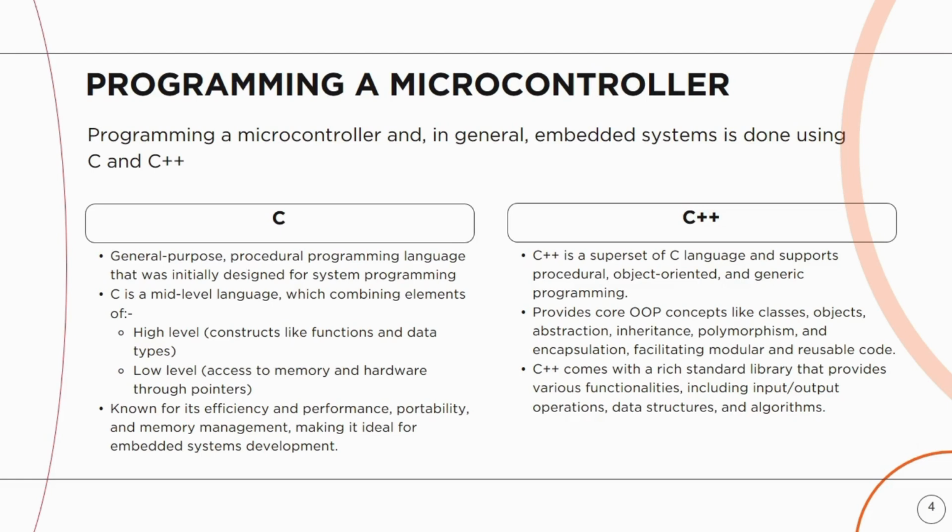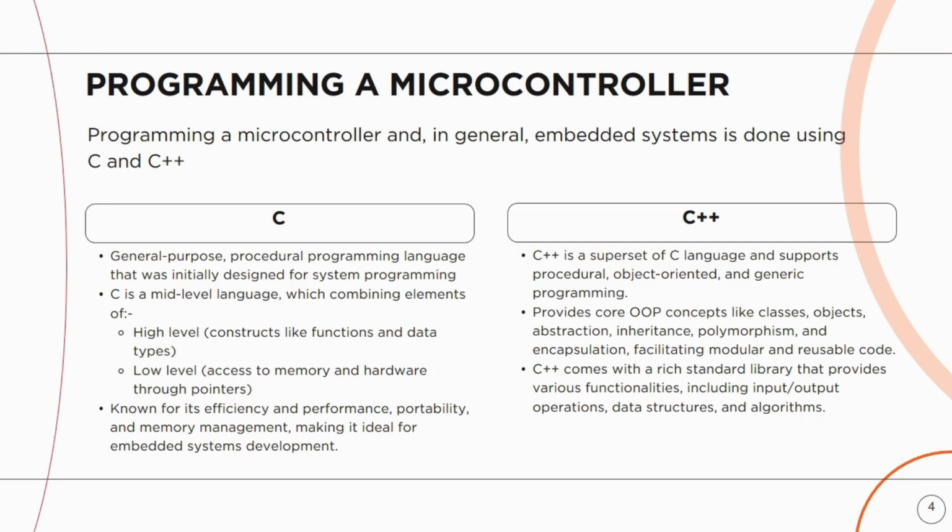High level in the sense that it contains constructs like functions and data types, whereas it also has elements of low level because it can access the memory easily using pointers. C is known for its efficiency and performance, and for its memory management as well, which makes it ideal for embedded systems development.